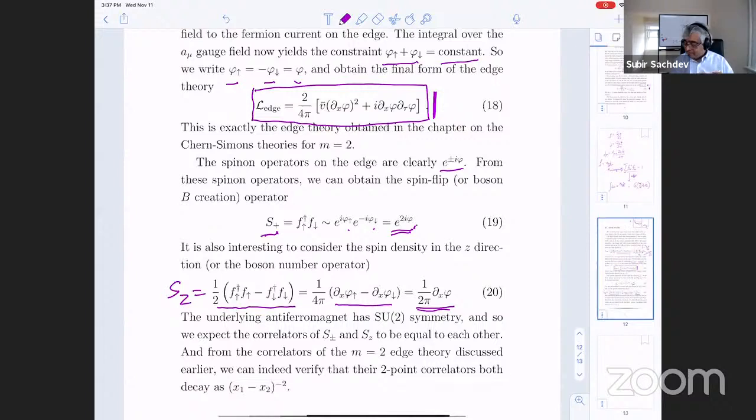If you look up Ginsparg's lectures on conformal field theory, then you find that central charge C equals 1 has many different CFTs, and at some points there, even though the explicit symmetry is only U1, the correlators and the whole operator spectrum have an SU2 symmetry. Yeah, I don't think level rank duality is relevant; it's a more complicated thing for non-abelian gauge theories. Maybe it's connected, I don't know. Maybe you can derive it in some way, but not that I know of.